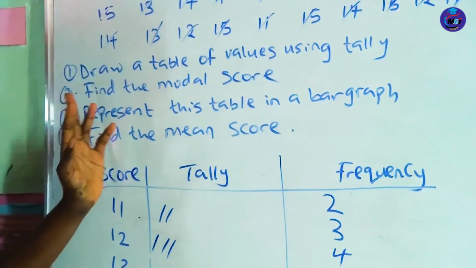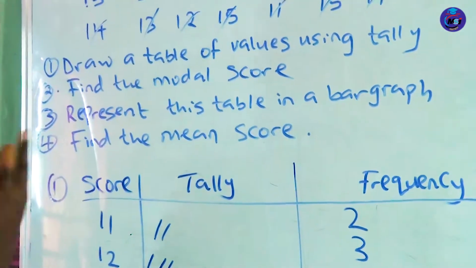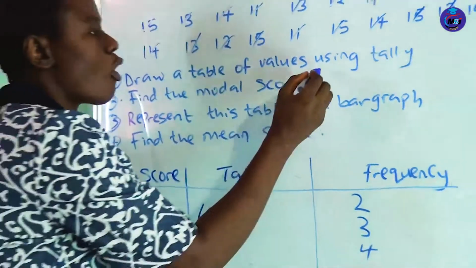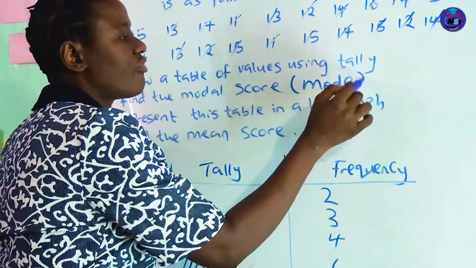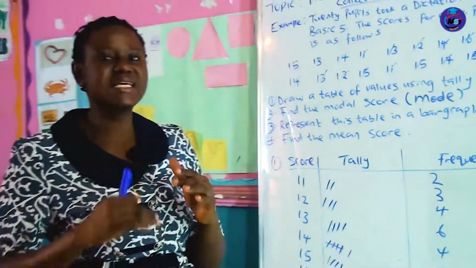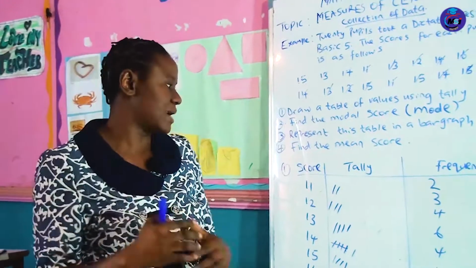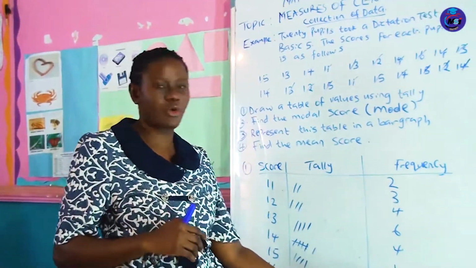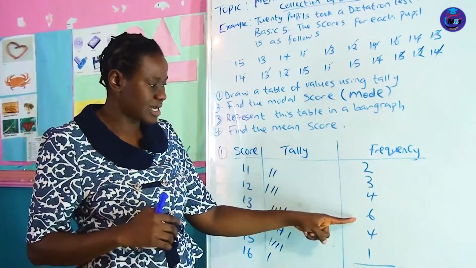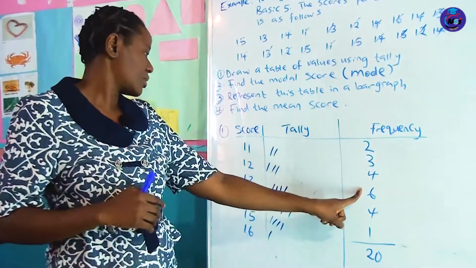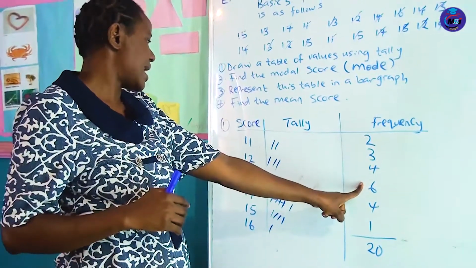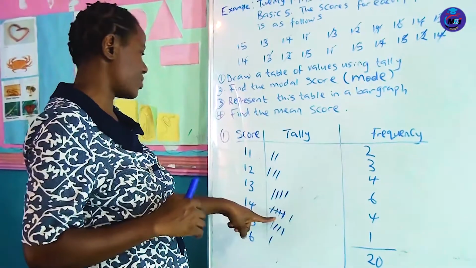Now the second question said, find the modal score. That means here we are looking for mode. Remember I said mode is the highest occurring number. From this frequency, look at the numbers, we can see that 6 is the highest and 6 is for 14.